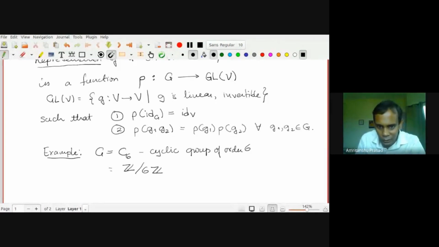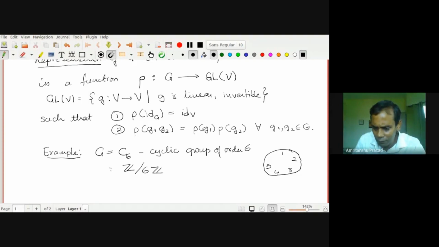Another way to think of this group is that you have a clock, but instead of 12 hours, you have only 1, 2, 3, 4, 5, 6.